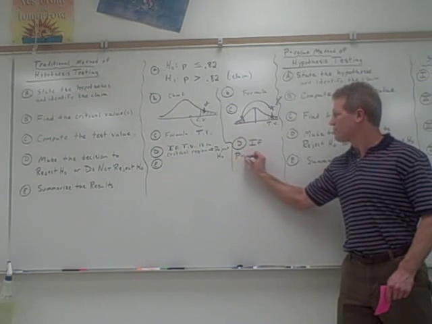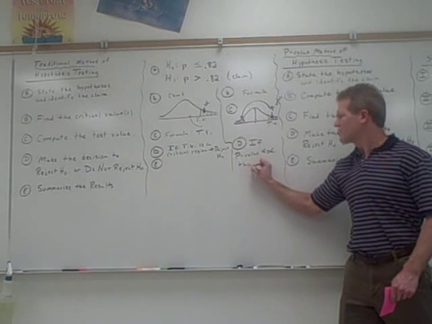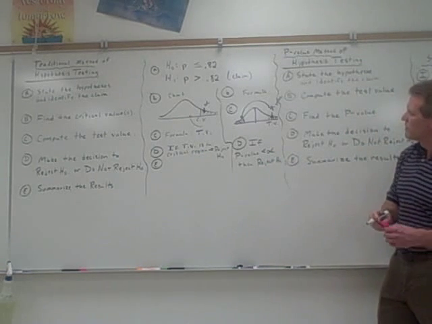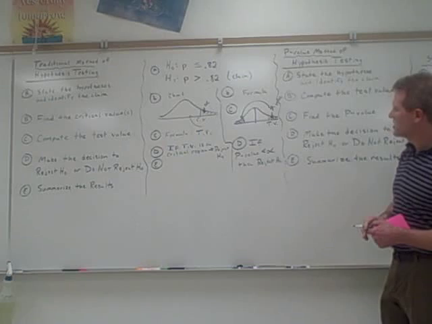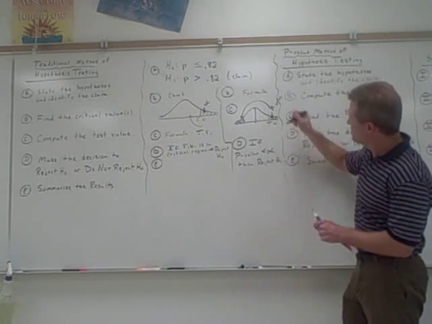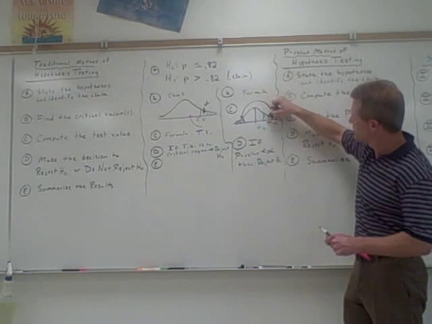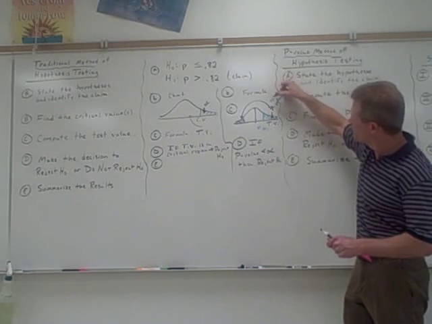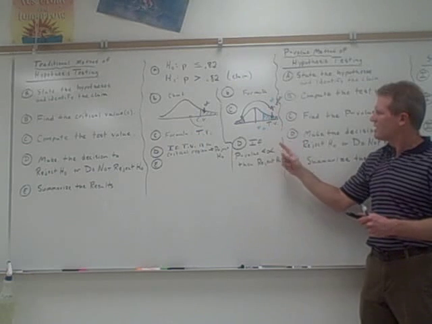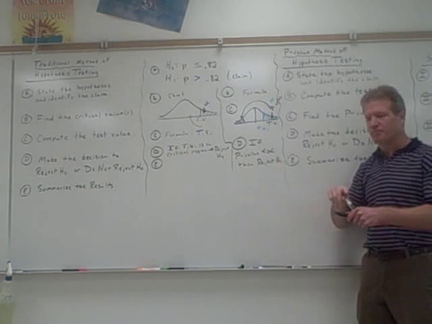If the p-value is less than alpha, then you reject the null. Because let's say my critical value is right here. This is my alpha right here. Alpha's in blue. Okay? So if the p-value is smaller than alpha, that tells me the test value must be in the critical region, so I reject the null.